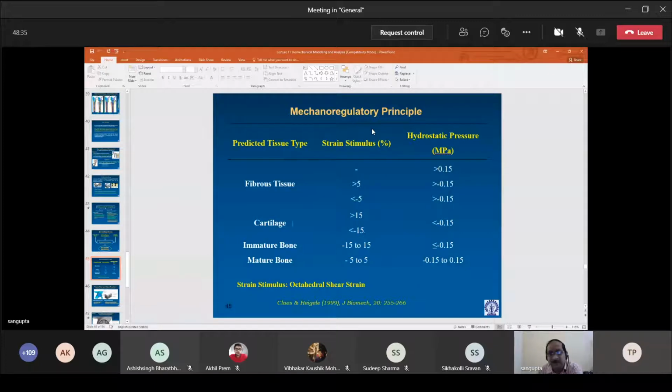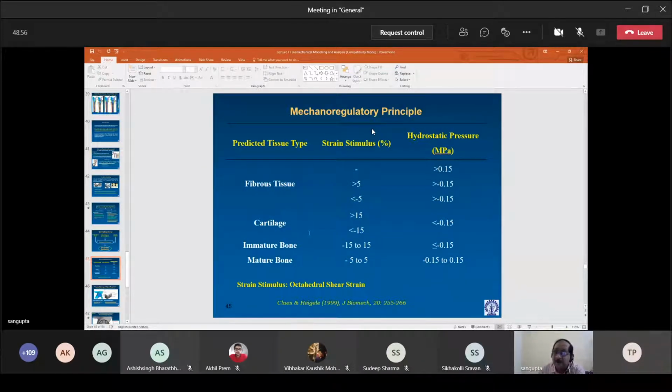Of course, there is a different range for cartilage formation and different ranges for immature bone and mature bone. So based on this mechanoregulatory principle, different threshold ranges, we can get different types of tissue being differentiated.